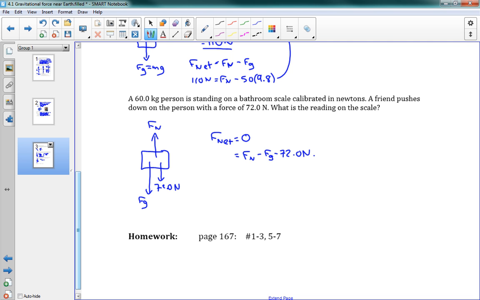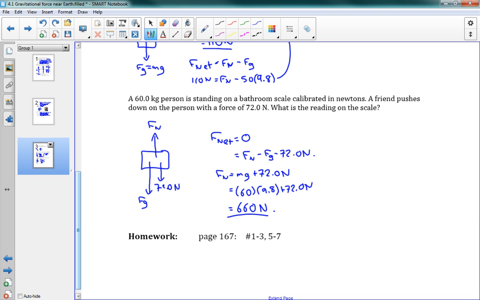So that tells me that Fn, that's equal to my gravitational force mg plus 72.0 newtons. And mg, I can rewrite that as 60 times 9.8 plus 72. And that's going to give me a total force here of 660 newtons. And there we go. That's the reading on the bathroom scale.